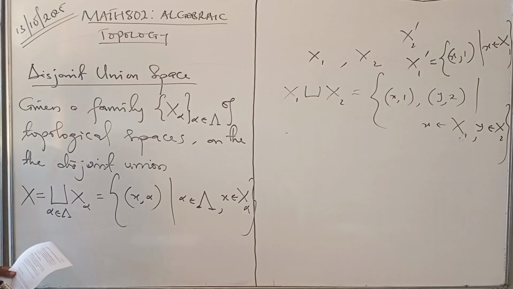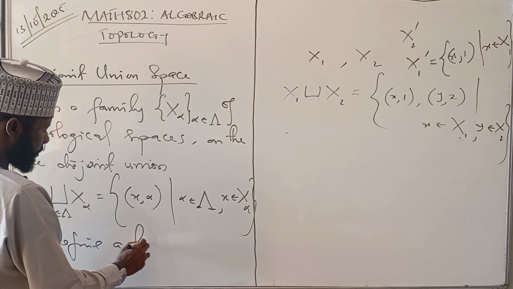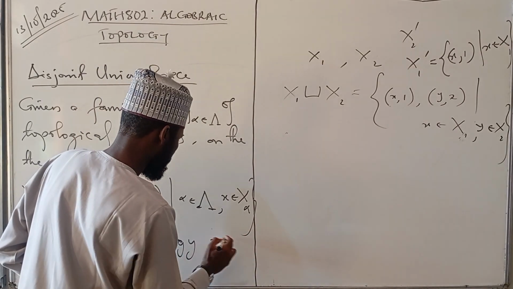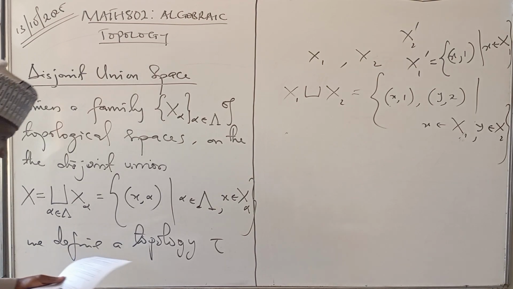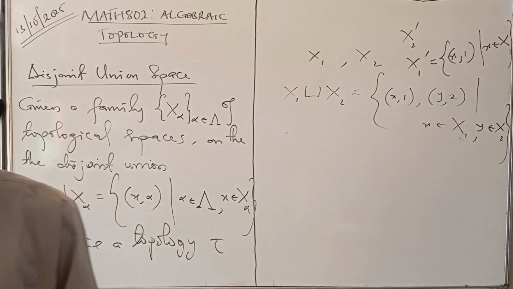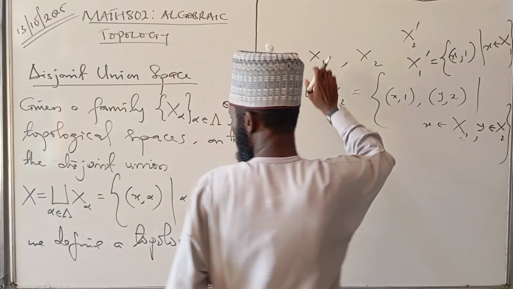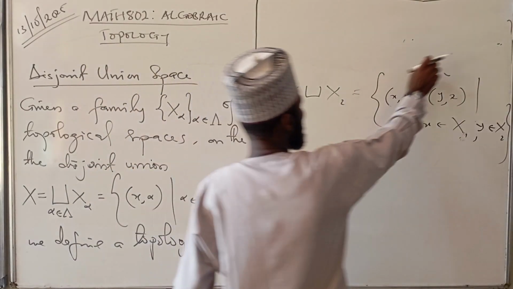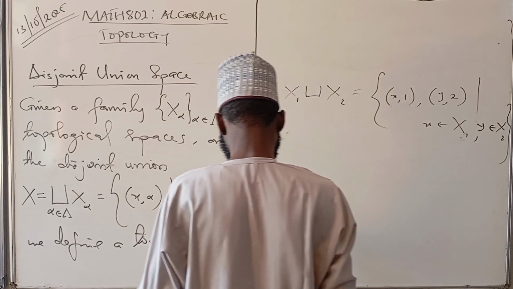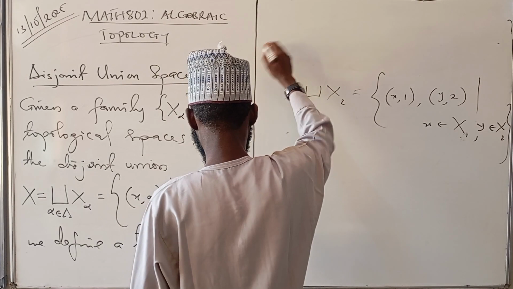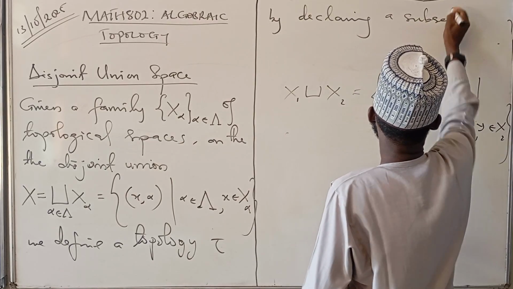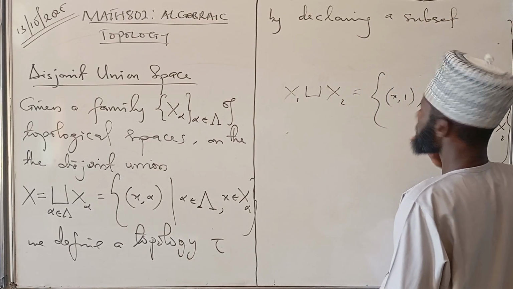So on this disjoint union, we define a topology tau by declaring a subset of X to be in tau.